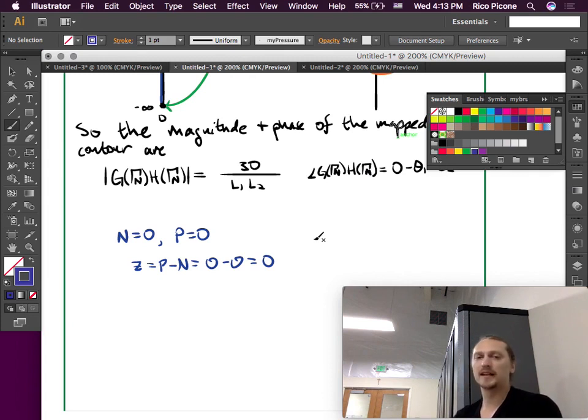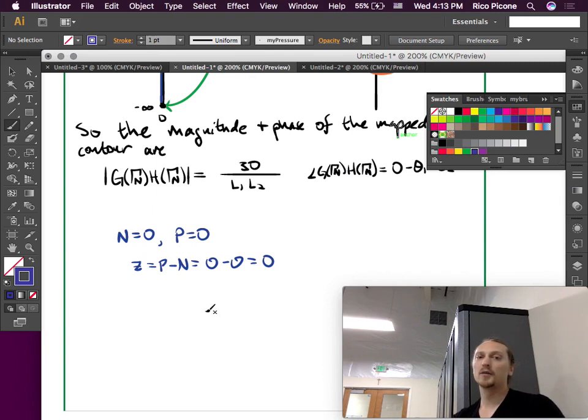If you did get a number like 2, then, okay, so say you had no encirclements, N was 0, maybe you had 2 poles in the right half plane of your open loop system, so P was 2. Then 2 minus 0, you're going to have 2 poles in the right half plane in your closed loop system.